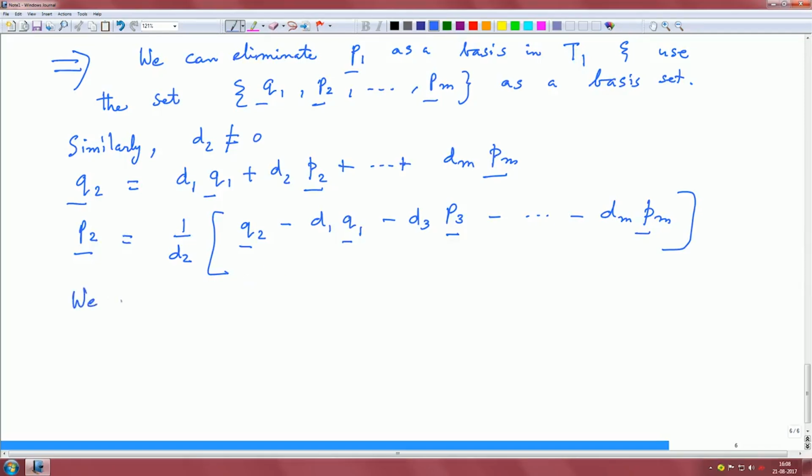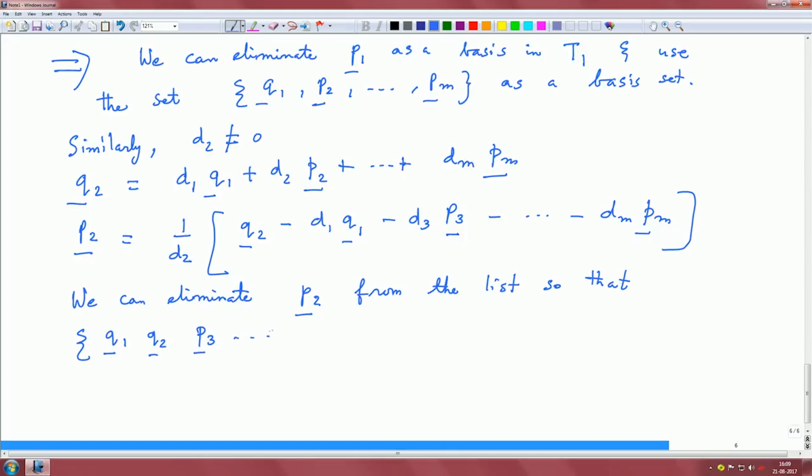So, we can eliminate P2 from the list, so that we have a new set q1, q2, p3, dot dot dot, pm to form a new basis set.